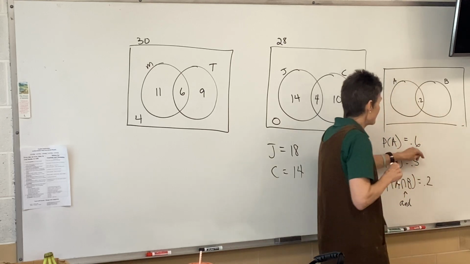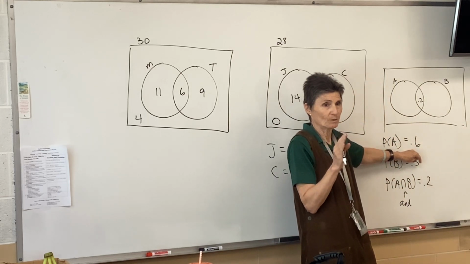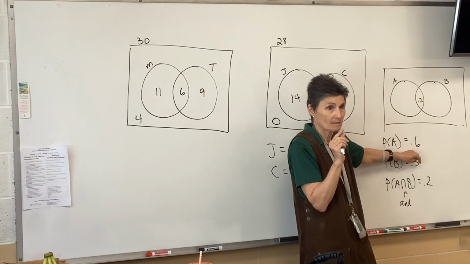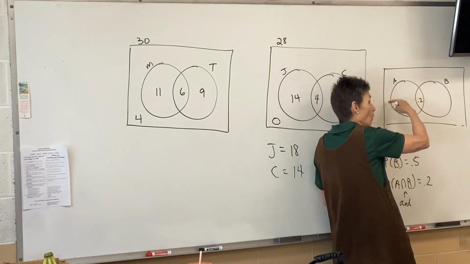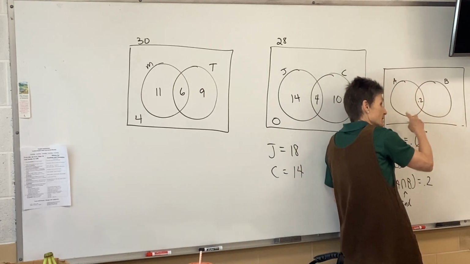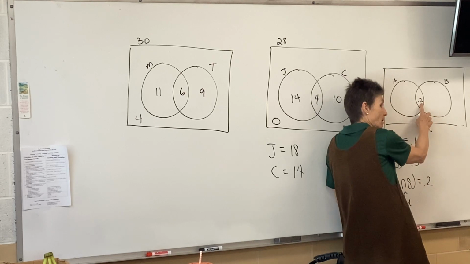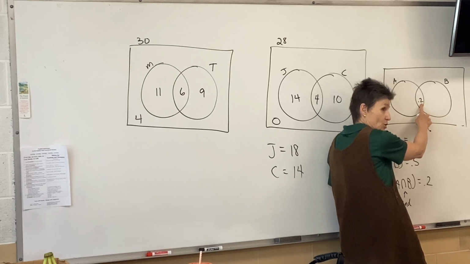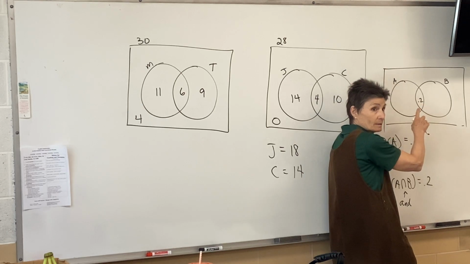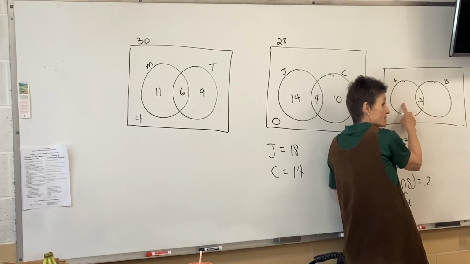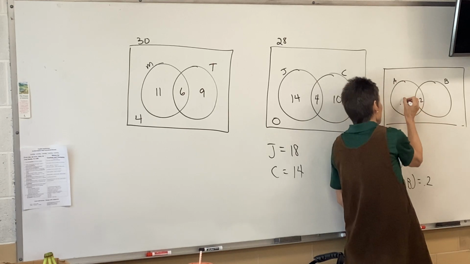Now remember, the probability you like apples is 0.6. That means the whole A circle is 0.6. If you've already marked this with a 0.2, then what does that mean about this? 0.4.